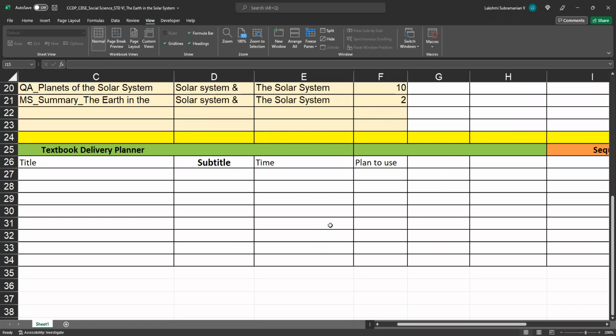In our questions to assess asset, we do not bring in all the questions from the textbook. As a teacher, you may solve some questions from the textbook, and then give the rest as homework for the children to complete.